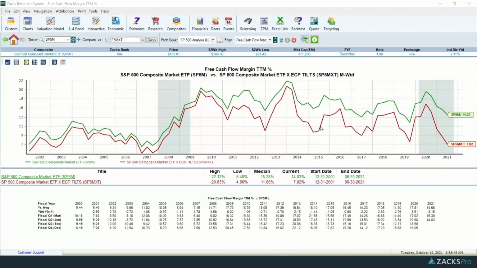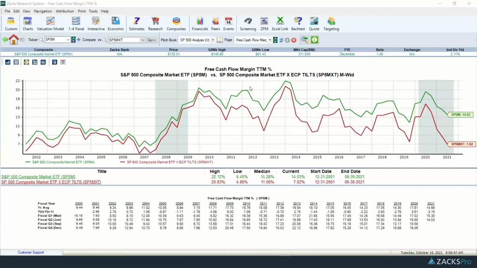And you can see here that from a free cash flow margin perspective, when we take a look at the S&P 500, again, this would include your ECP mega cap tech names. If you strip out the mega cap tech group, you can see the difference here in these companies' ability to deliver free cash flow per unit of revenues is literally cut in half without that mega cap tech group.